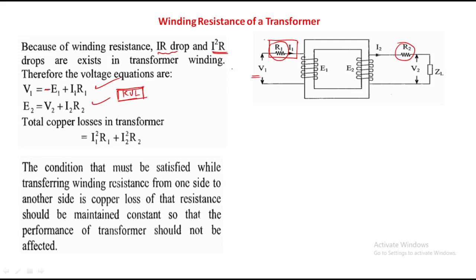With respect to the primary, what are the total losses? I1 square R1. From the secondary, I2 square R2.